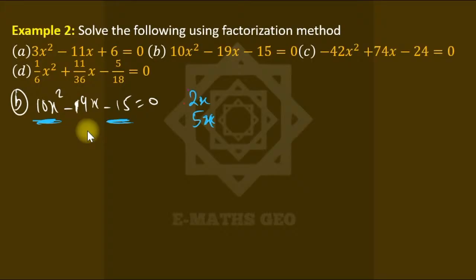So I can make the upper one 5x or negative 2x, but most times we make the first one positive. The sign now depends on the second one. So if you look at minus 15 now, you can combine two numbers that will multiply to give you negative 15. So it could be 3 and 5. It could be 15 and 1. So one will be positive, the other one will be negative.